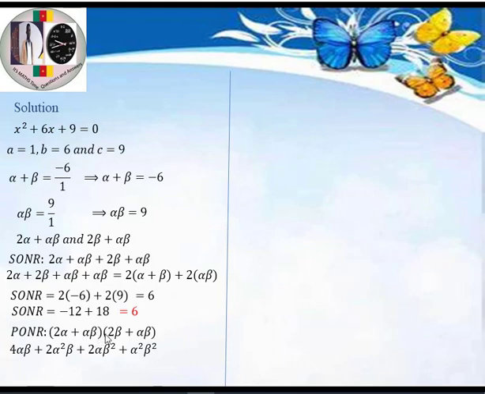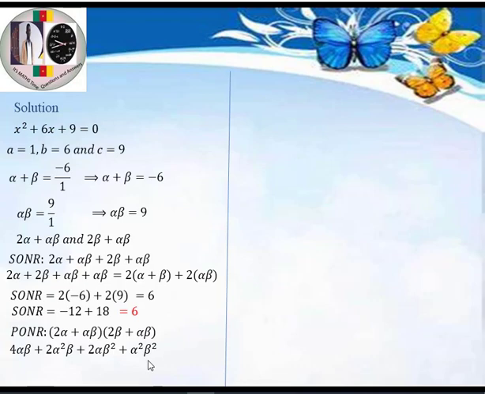Alpha beta times 2 beta is 2 alpha beta squared, plus alpha beta times alpha beta.